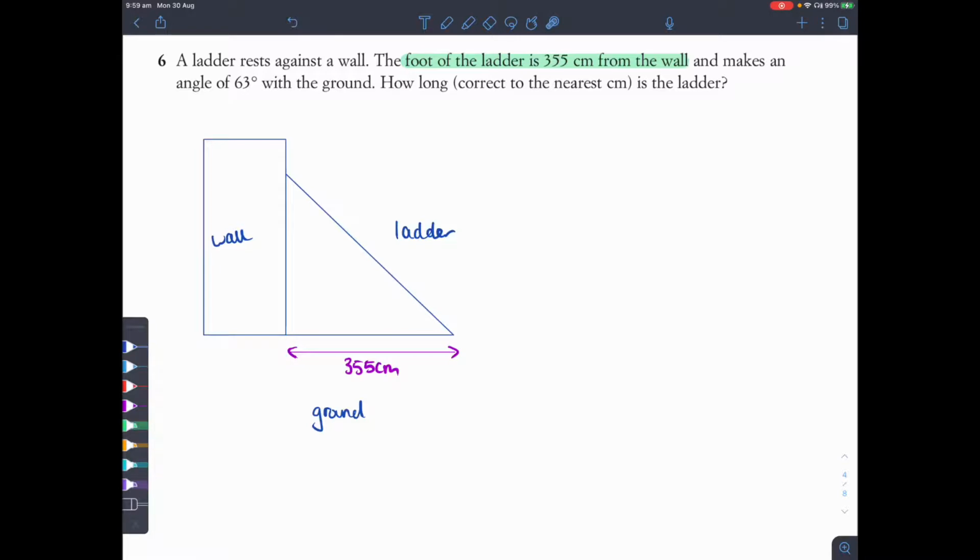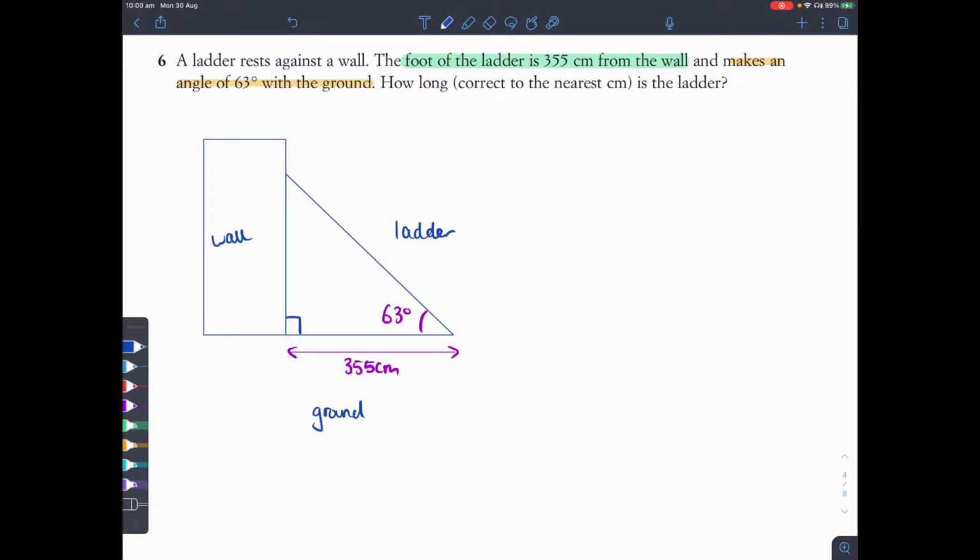And it makes an angle of 63 degrees with the ground. That's very important. So we don't put it here, we put it here, since that's between the ladder and the ground. So we'll put that as 63 degrees right there. And another important thing is we should write that right angle there because we can only use trigonometry at the moment with our right-angled triangles, right?